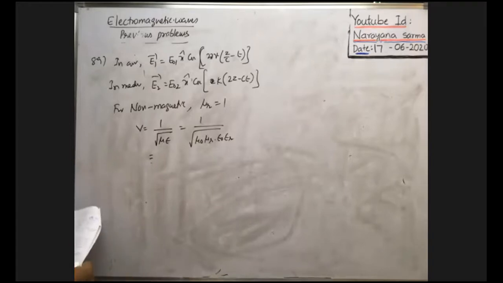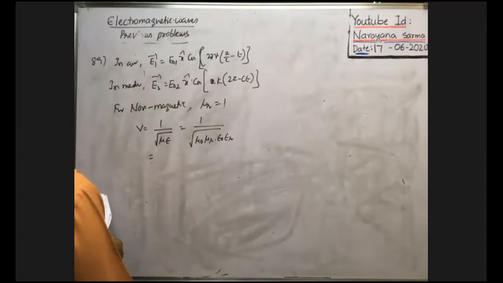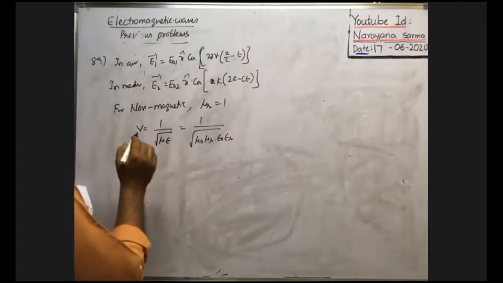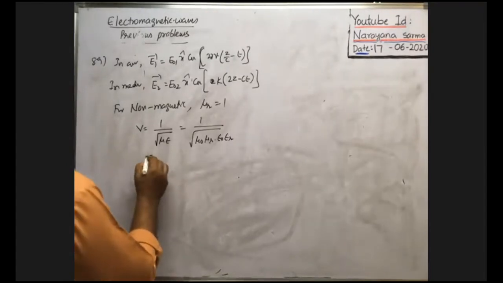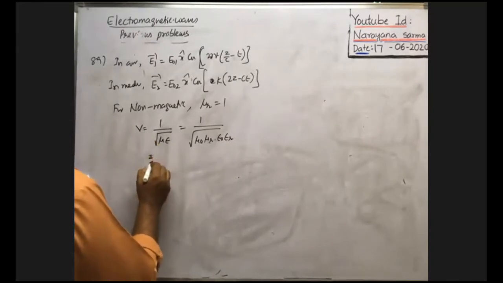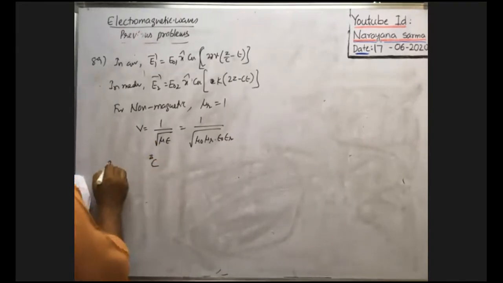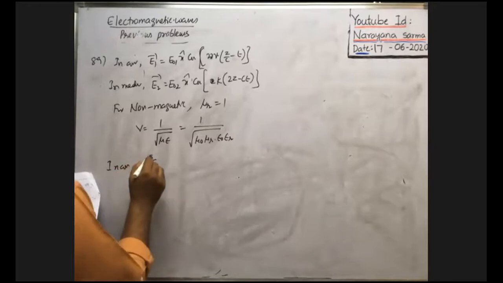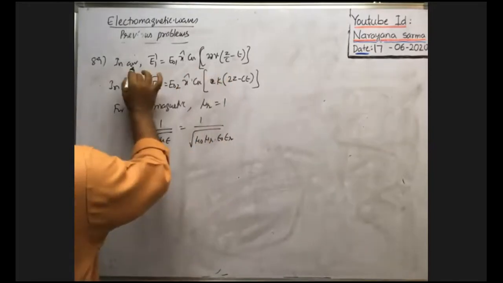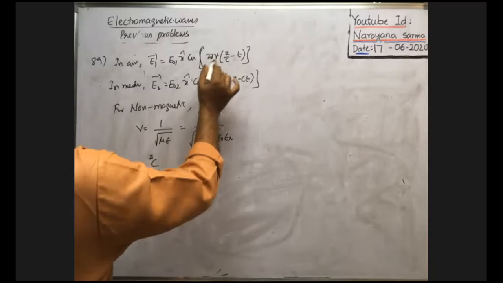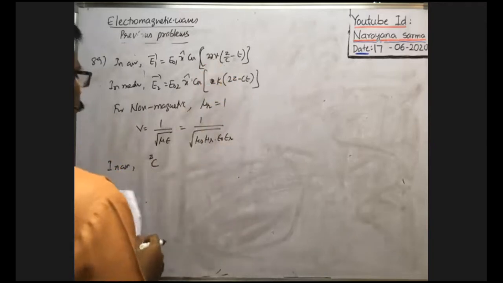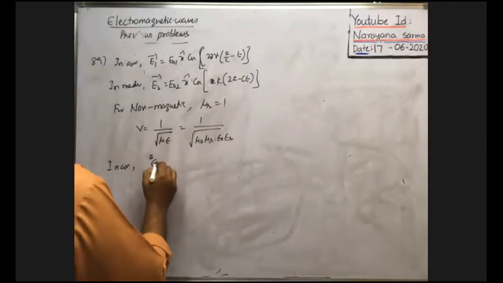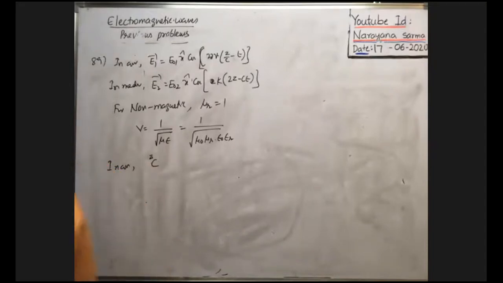Therefore here we have to find the speed of light. Speed of light in air is equal to omega by k.